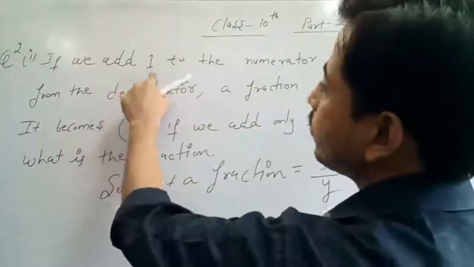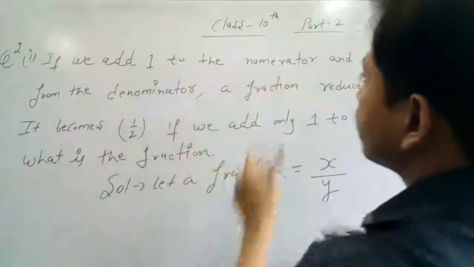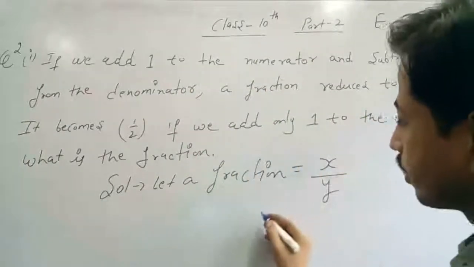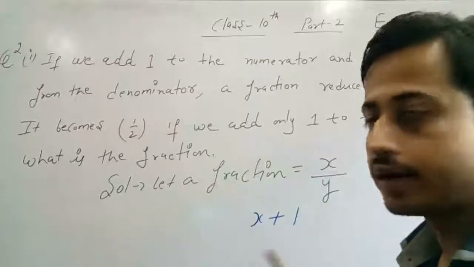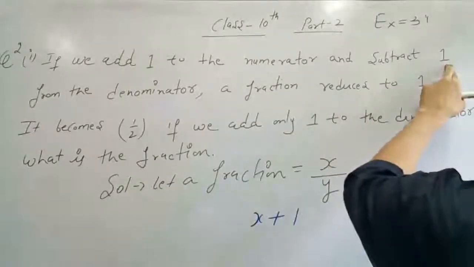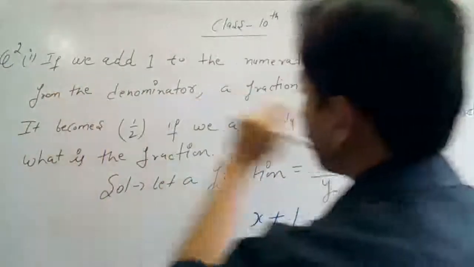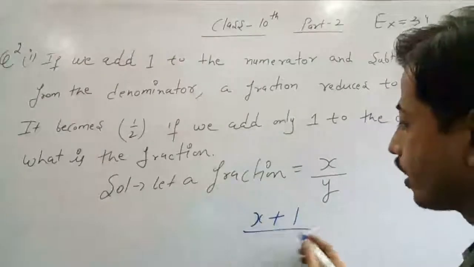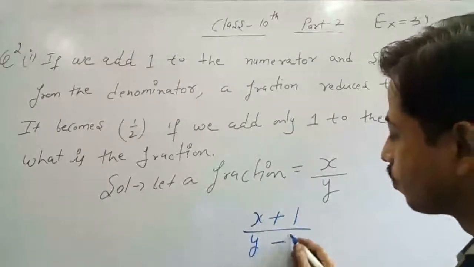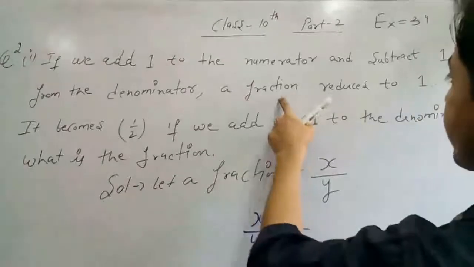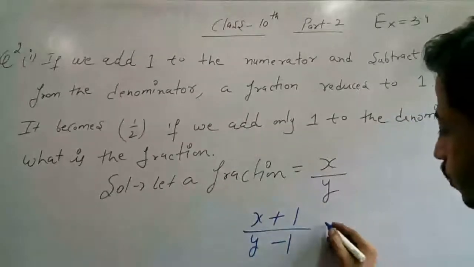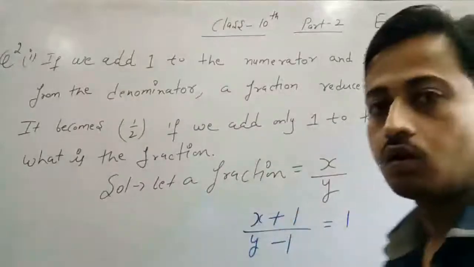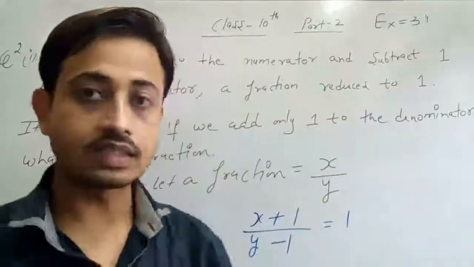Now apply the conditions. If we add 1 to the numerator, the numerator is x. If we add 1 to the numerator and subtract 1 from the denominator, the denominator is y, so we have to subtract 1. The fraction reduces to 1, which means the fraction becomes 1. Now read the second part.